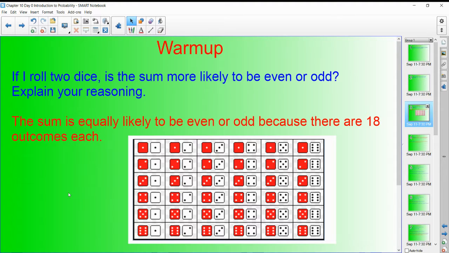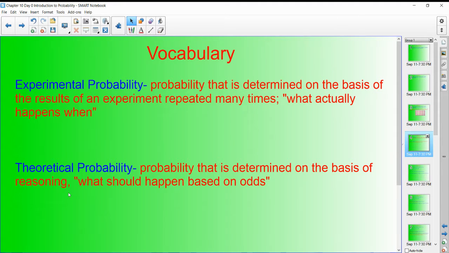Now we're going to learn about experimental probability today, which means if I roll the dice 10 times, I might not get 5 evens and 5 odds, because experiments aren't always 50-50. So today we're going to talk about experimental probability, which is probability based on doing the experiment, versus theoretical probability. What should happen based on the odds in doing an experiment a million times or 100 million times?